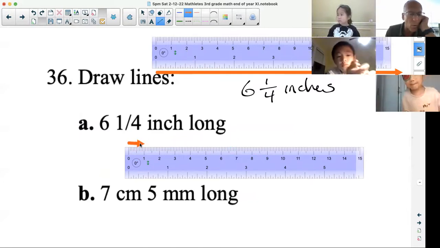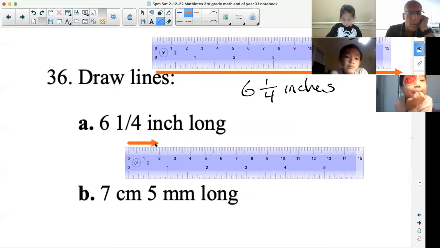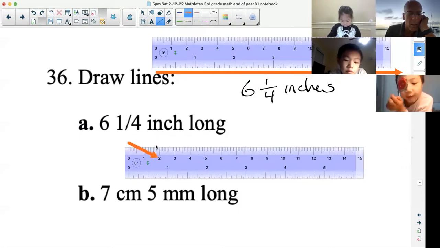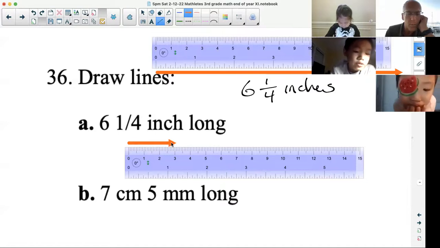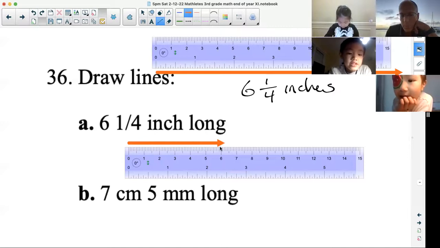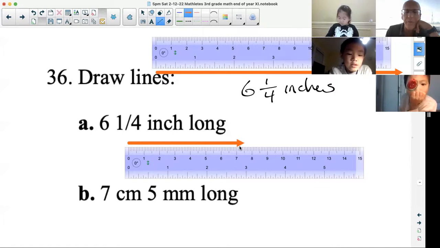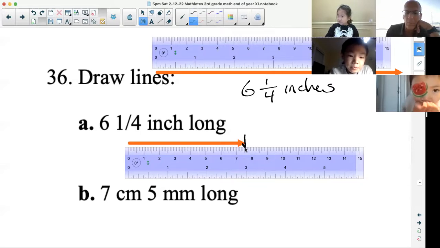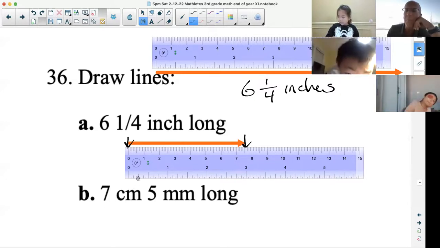Let's count, guys. 1, 2, 3, 4, 5, 6, 7. And we have to go another 5 millimeters. So that gets us right to there from right here. And that is 7 centimeters and 5 millimeters.